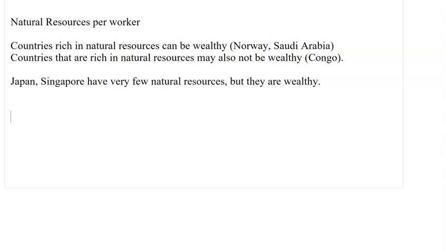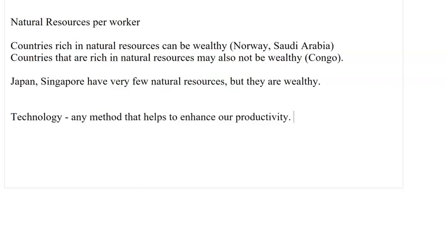Finally, we have technology. This is any method that helps to enhance our productivity. Technology is anything that improves our way of working and way of living. So how do we get technology? Technology is basically enhanced by research.